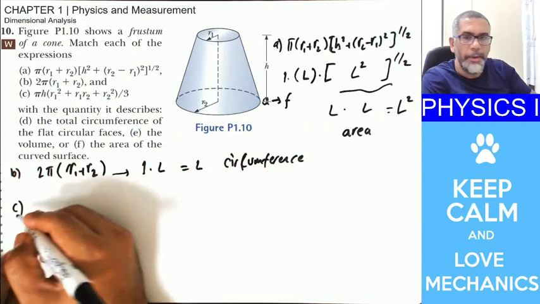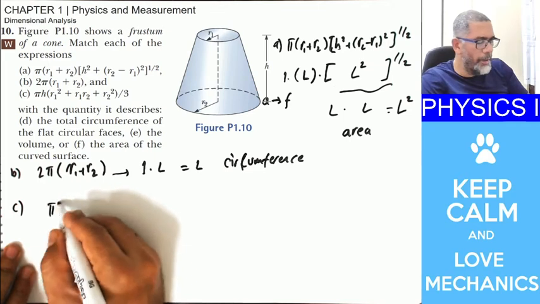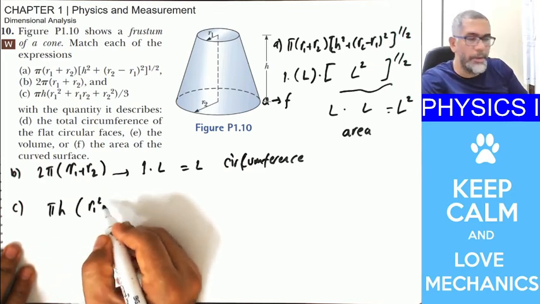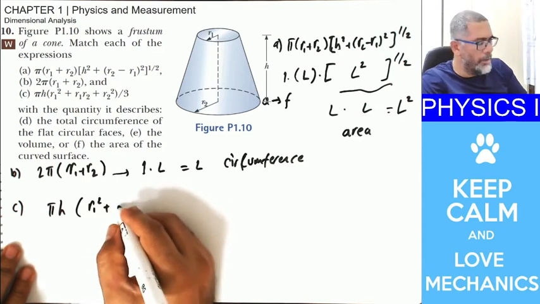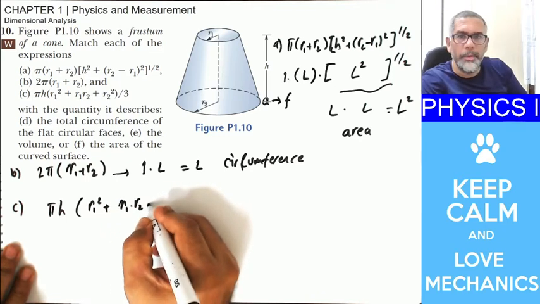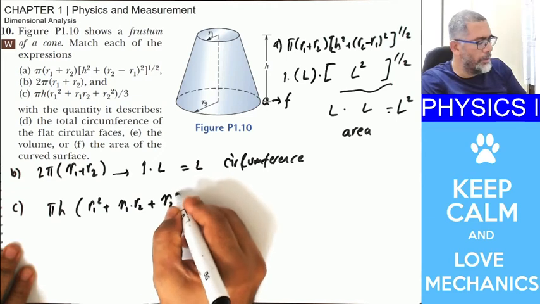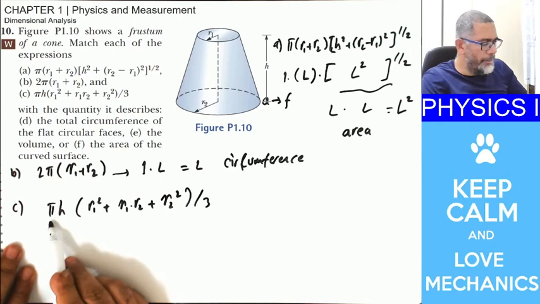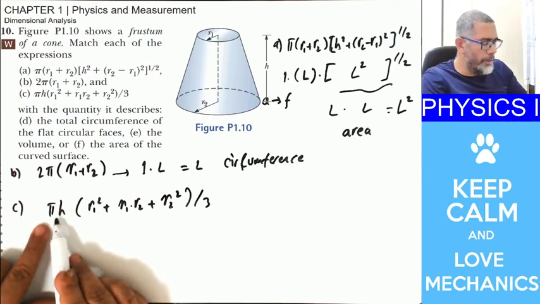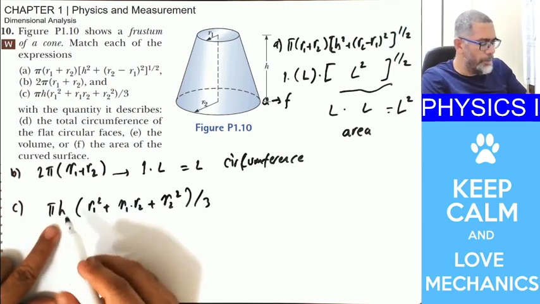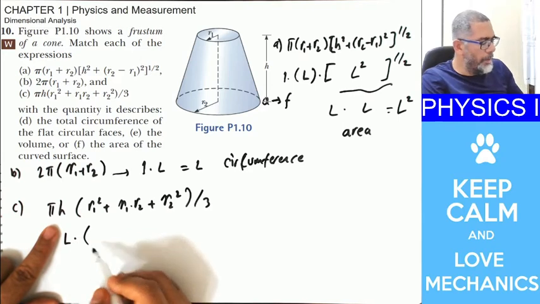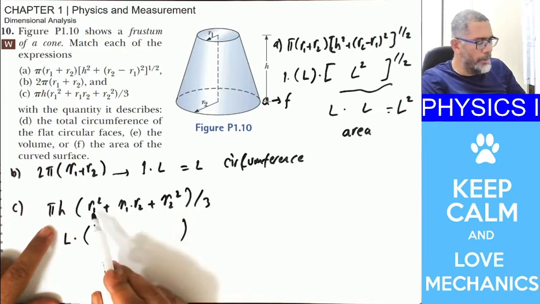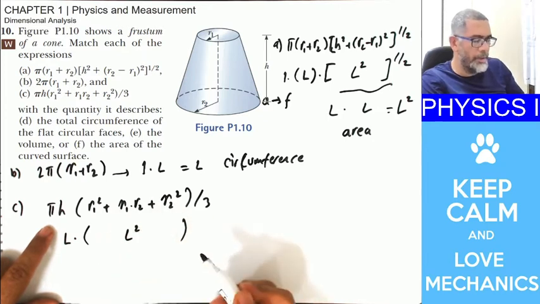And C, quickly: pi h multiplied by R1 squared plus R1 multiplied by R2 plus R2 squared, and this is going to be divided by 3. So the first term is pi, which has dimension of 1. The second term is h, which has dimension of L, multiplied by this curly bracket inside, as every term has the dimension of L square, so just put L square.